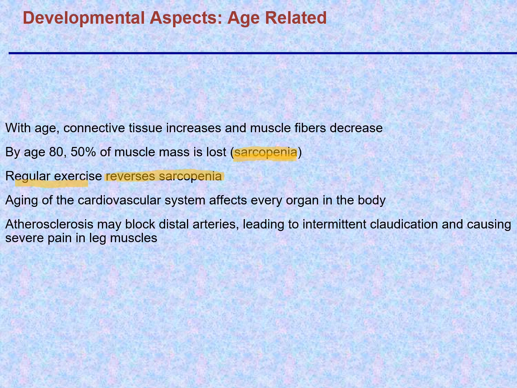You can have the process of atherosclerosis blocking arteries, leading to something that is not uncommon in elderly people, and that's temporary severe pain in the legs because of poor circulation to the legs. And that's the end of Unit 5C, Part 2.